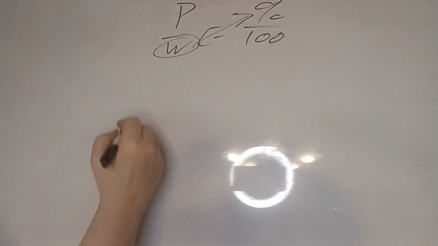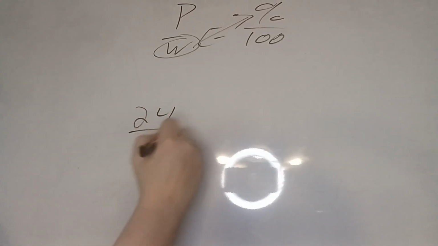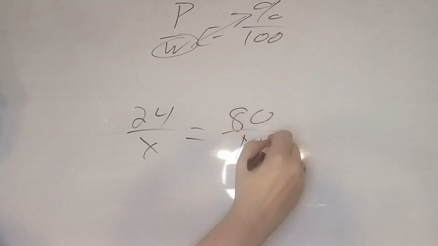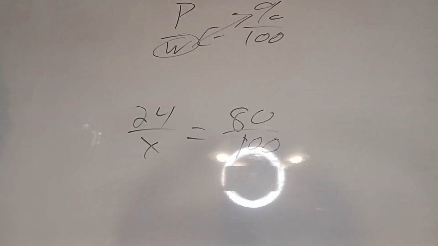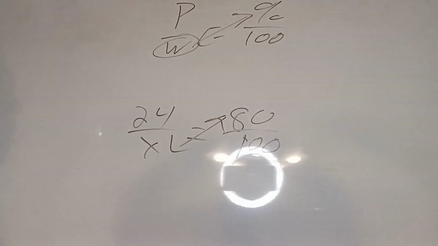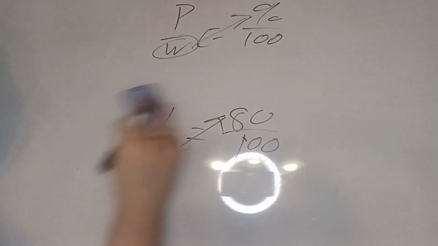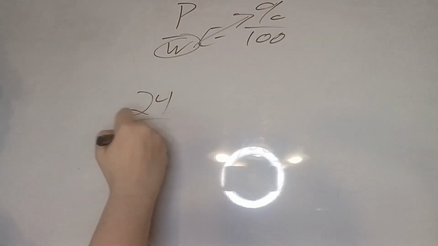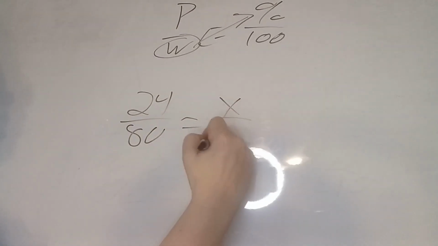For example, if 24 is 80% of something, we can swap these two. 24 over 80 equals X over 100.